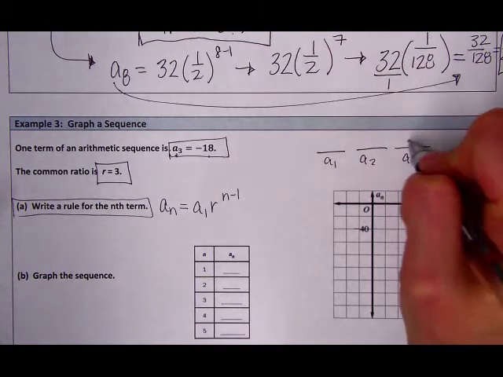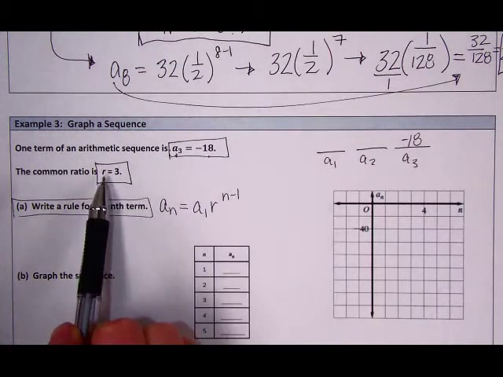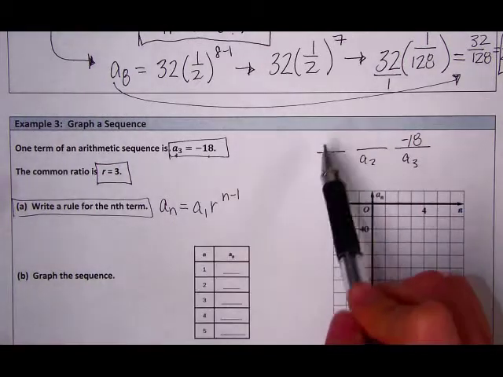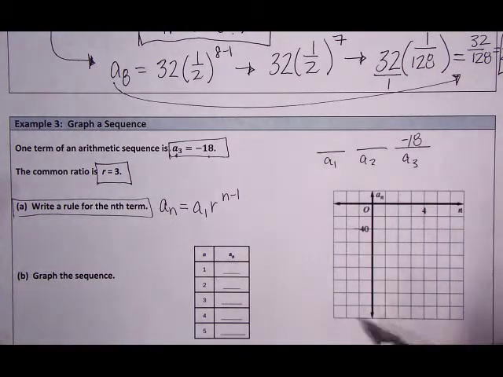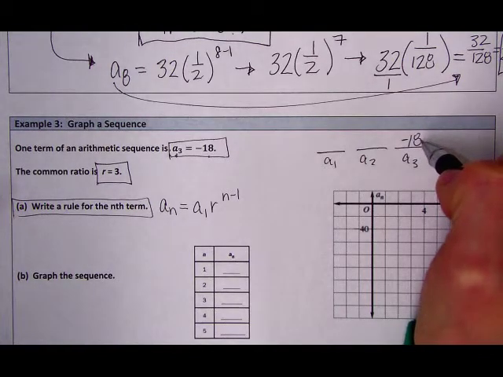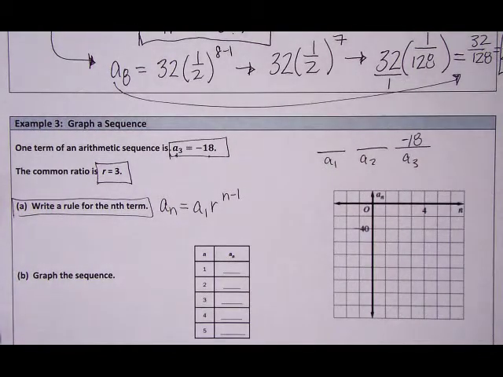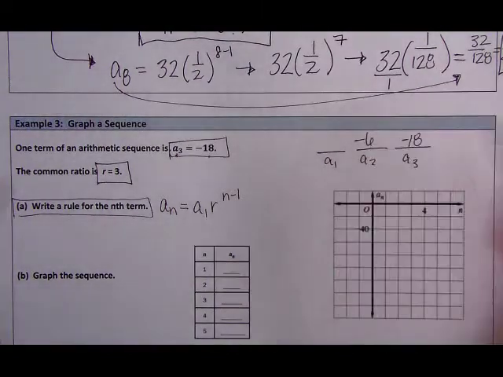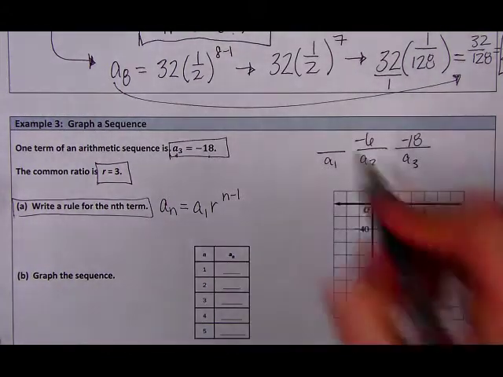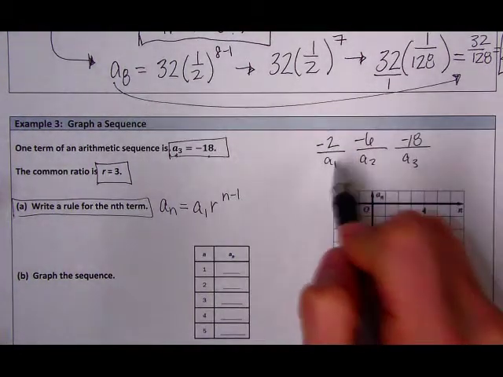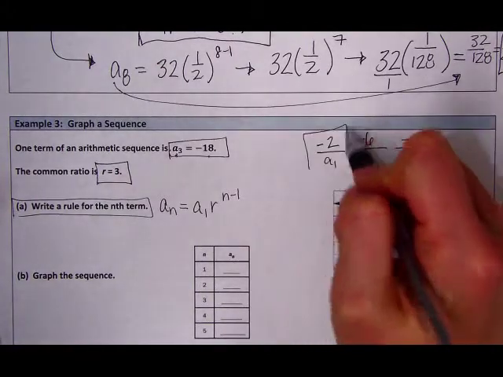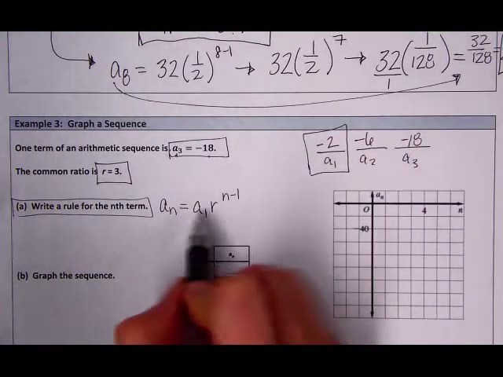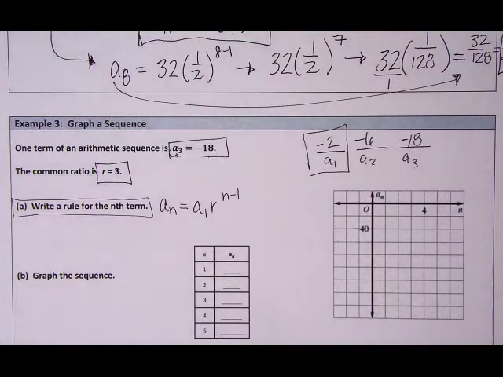I know my third term is negative 18, and if my ratio is 3, I know that I'm increasing each time by 3, which means if I go backwards, I'm going to be dividing by 3. So if I take negative 18 and divide it by 3, what do you get? Negative 6. Divided by 3 again, I get negative 2, so I know my first term is negative 2. So if I plug that in here, I would be able to get my rule relatively quick.